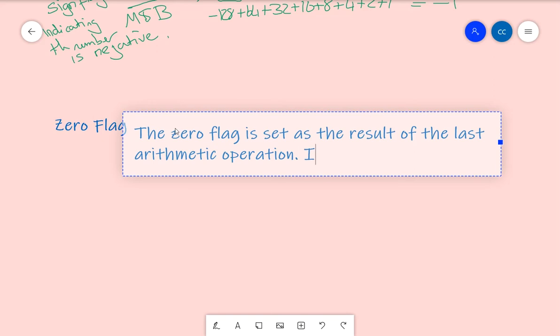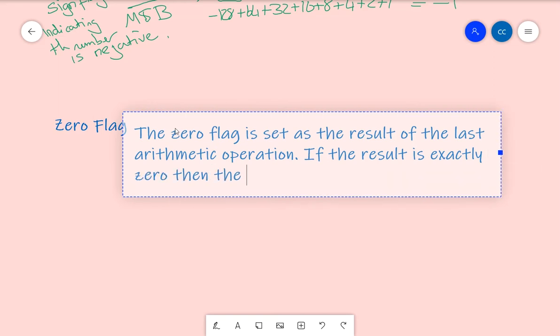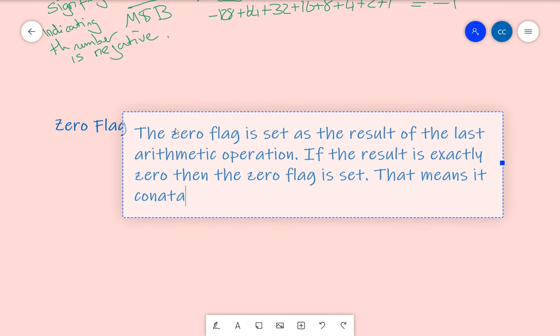If the result is exactly 0, then the 0 flag is set, and that means it contains a 1. So let's have a look at an example of that, yeah?